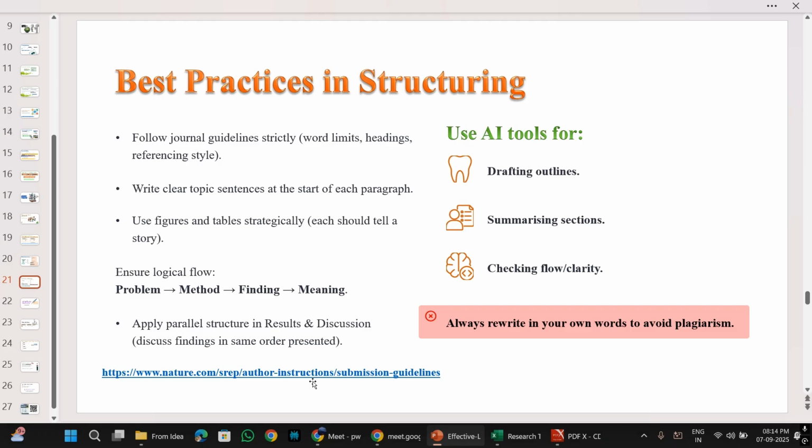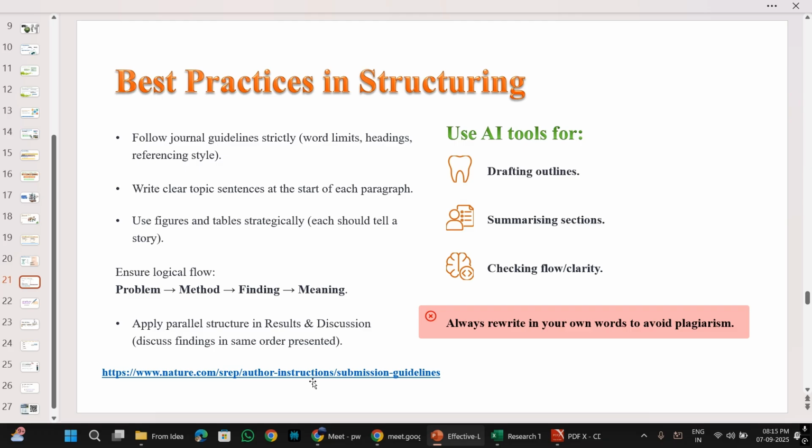AI tools, coming to AI tools, you can use any of them, whether it is Perplexity, Gemini, or ChatGPT, as generic as that. First use them to prepare your outline. Outline is important. You have to structure your outline first. With these AI tools, you need not sit with a notebook and draw your own outline.